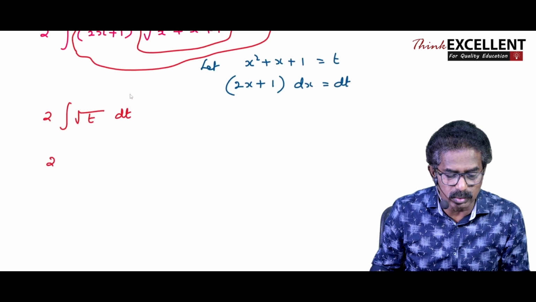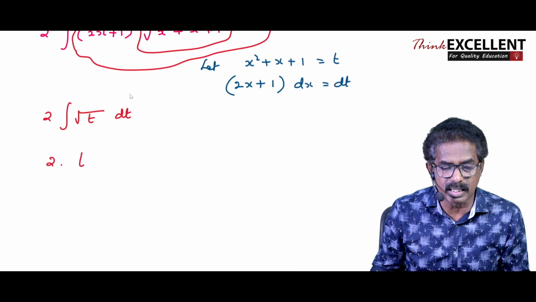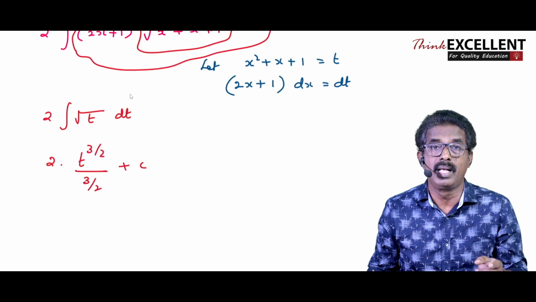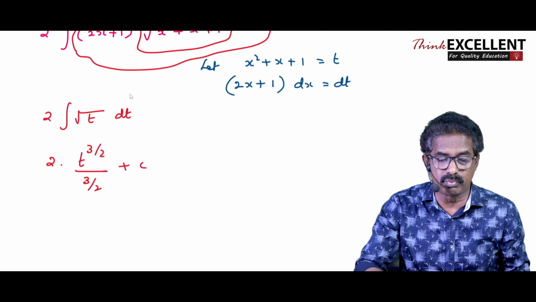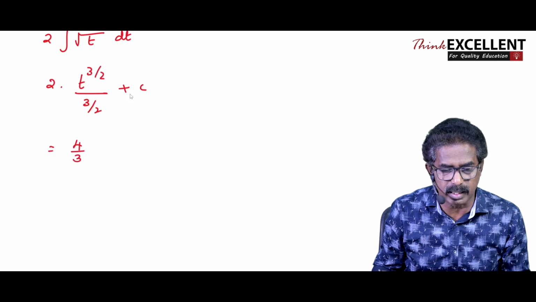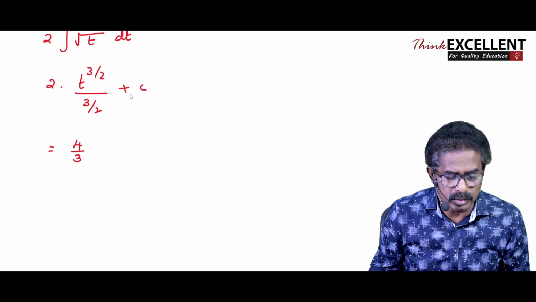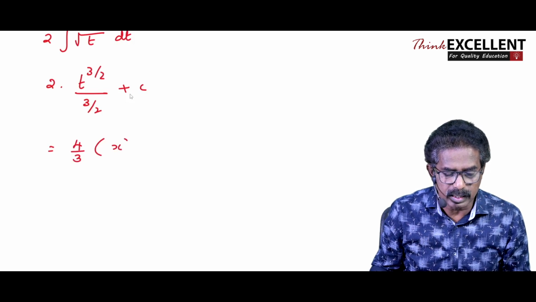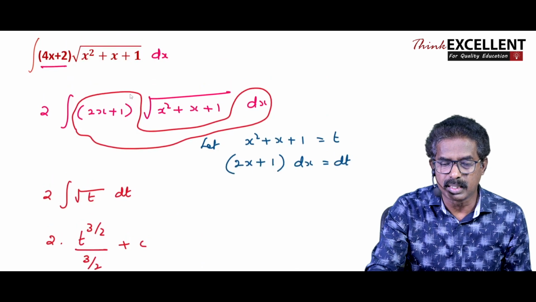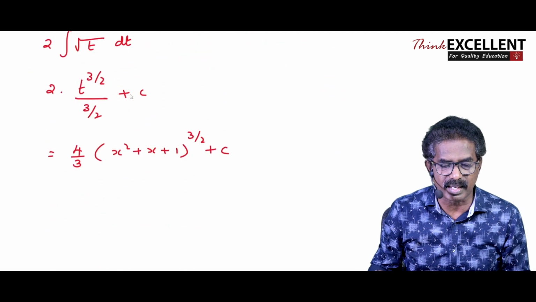So 2 into t raised to 3 by 2 divided by 3 by 2, plus c. The 2 goes up, already a 2 is there, so 2 into 2 is 4, so 4 by 3 t raised to 3 by 2. Give the value of t: x square plus x plus 1 raised to 3 by 2 plus c. So this is your final answer.